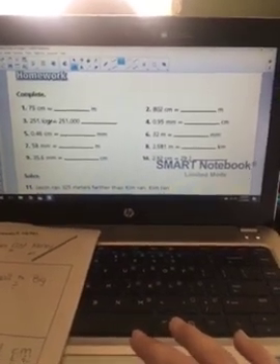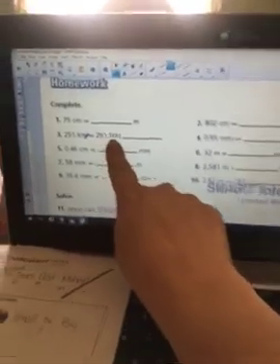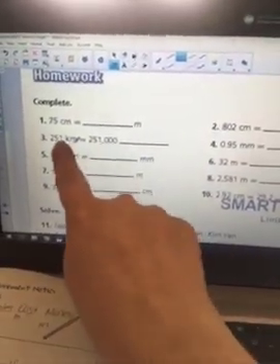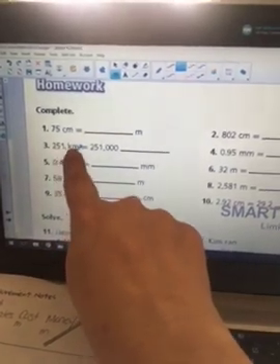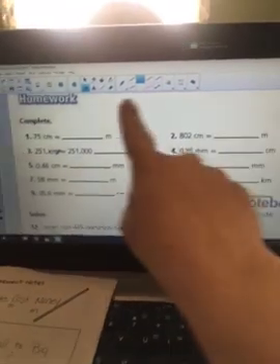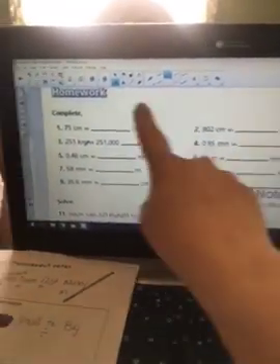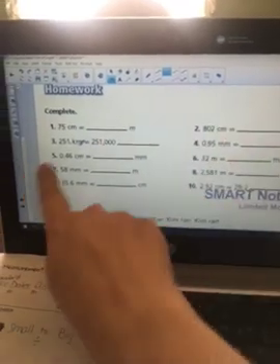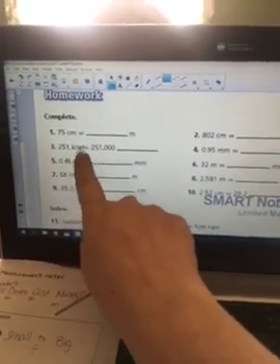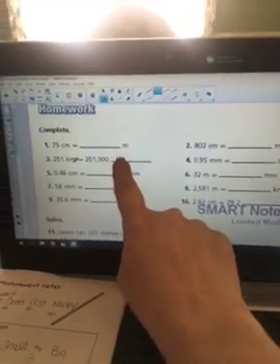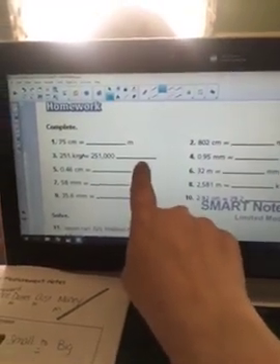How many scoops over would you need to make in order to turn that into 251,000? You need to scoop it 3 places over. If you wrote Ken Hates Dates, dates cost money on the top of your packet, that will help you know how many places over to get from kilometers. You're going 3 places over. What unit of measurement would that be?